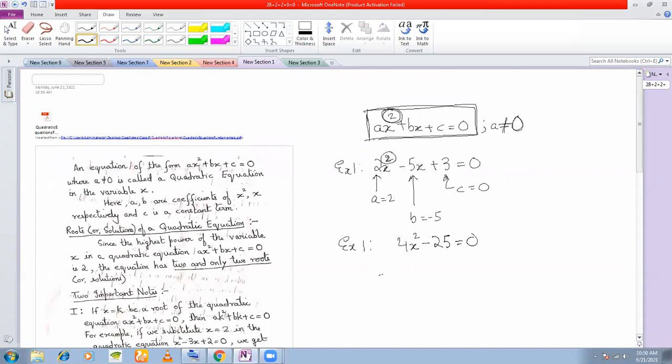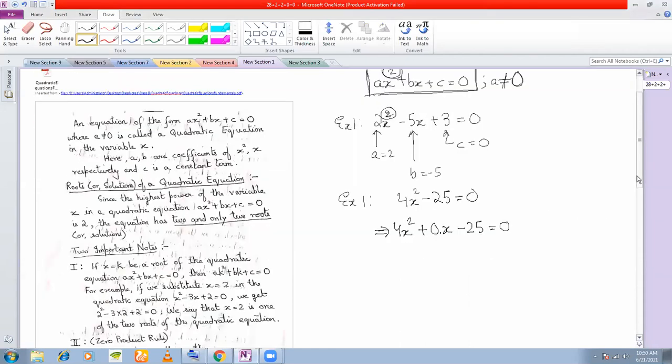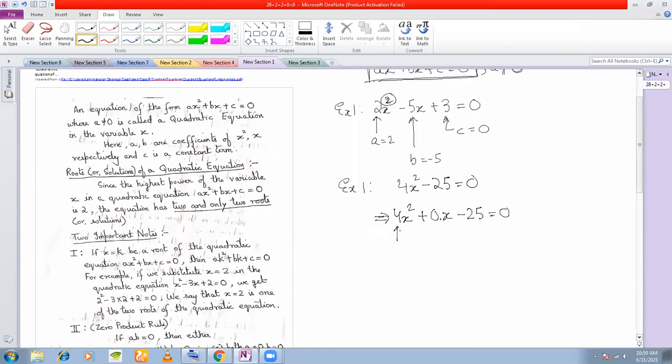Because we can write this as 4x squared plus 0 into x minus 25 equal to 0. So now if you compare with ax squared plus bx plus c, what you get here? You get a is equal to 4, you get b is equal to 0, and you get c is equal to minus 25, right? So this is also a quadratic equation.